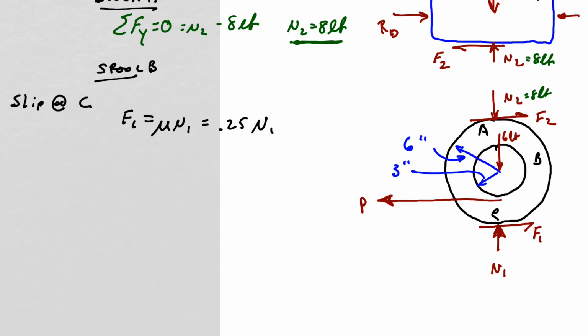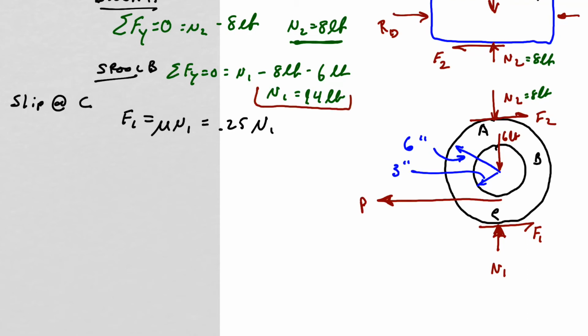So let's do that. So for summing forces in the y direction, of course it's the weight of the two objects, so it's 14 pounds. So if we substitute that into our equation here, we find that F1 is equal to 3.5 pounds. And that's only because we have impending slip at C.